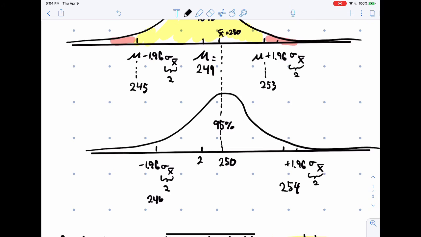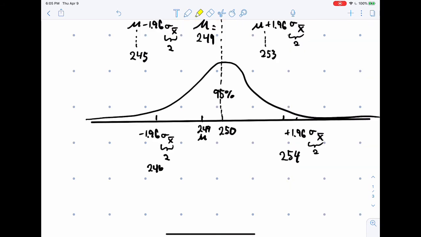Again, it's 249 is mu. So now we have these endpoints, and the idea is that 95% is within these limits between 246 and 254.